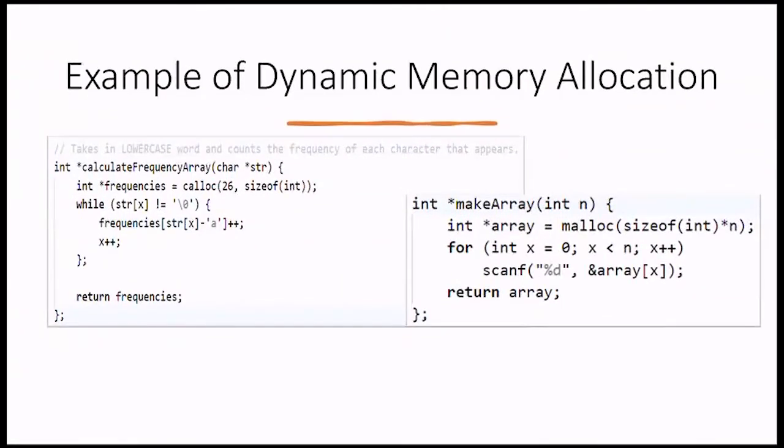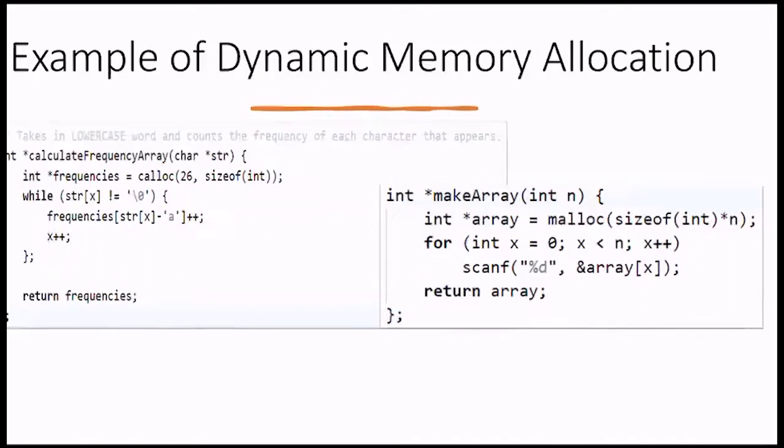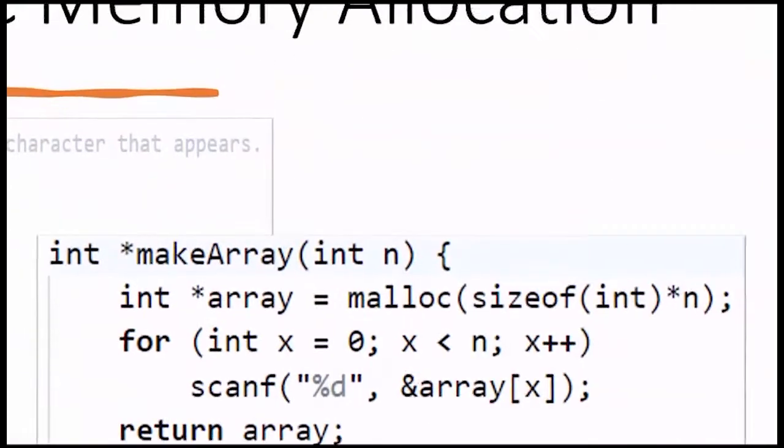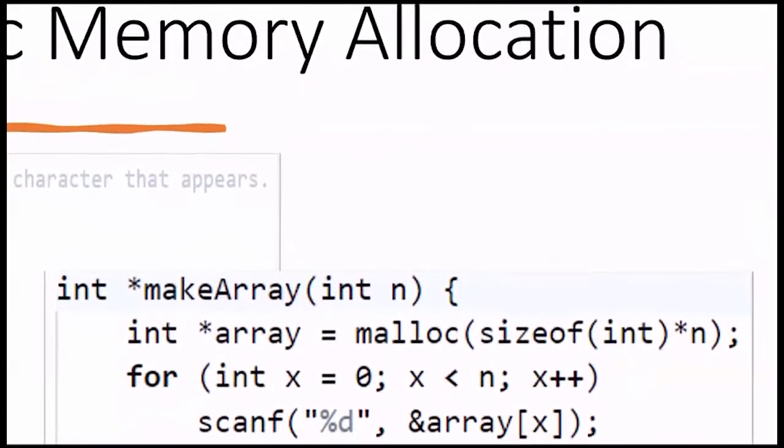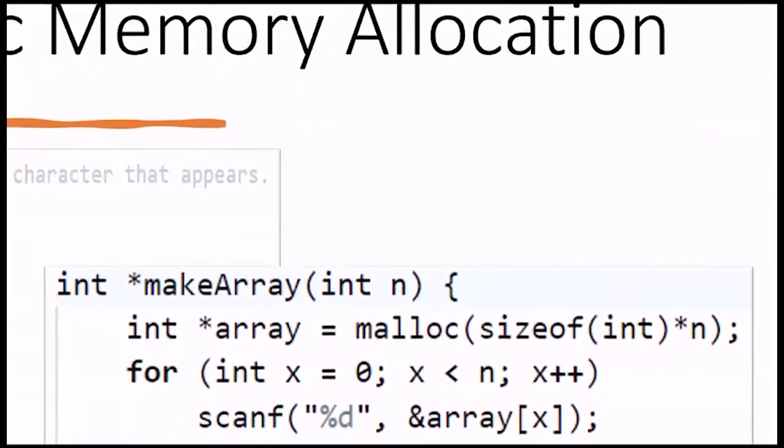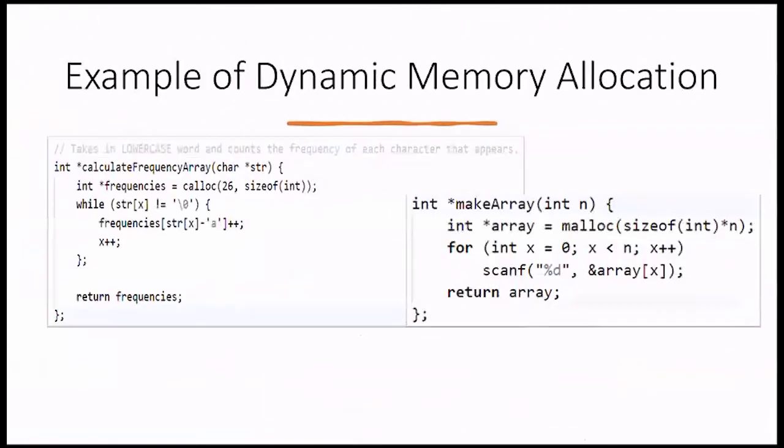I don't see an in star here, but if you mean this right here, where it says malloc size of int star n, I don't mean that it's a pointer to an integer. I mean that I'm just multiplying that. So if n is 10, and I want to have 10 integers, I would do 10 times whatever the size of an integer is, and then that'll give me enough space in memory for 10 integers that's dynamically allocated.